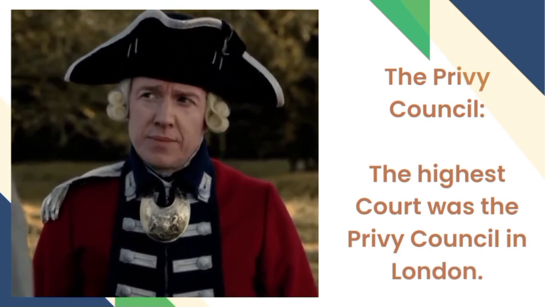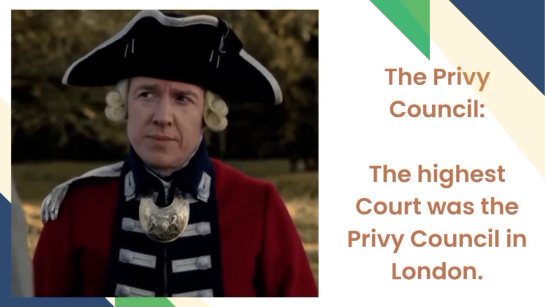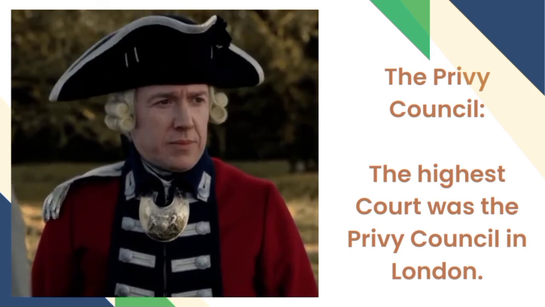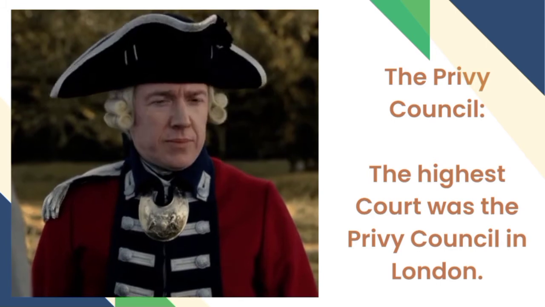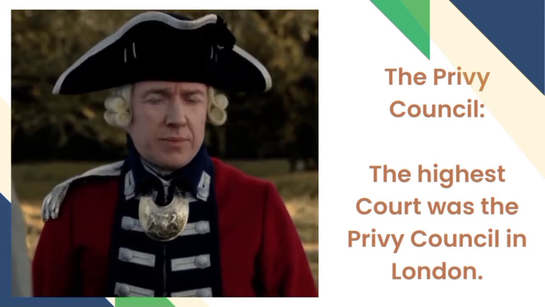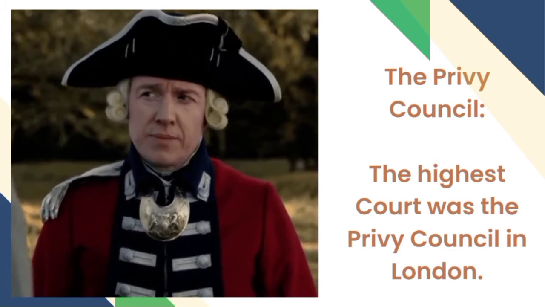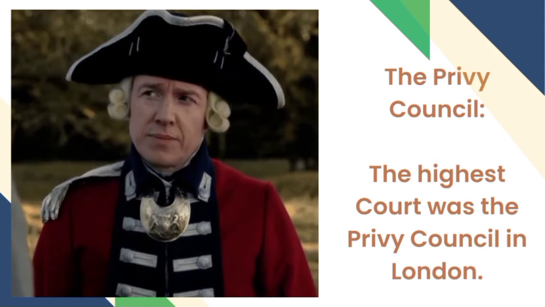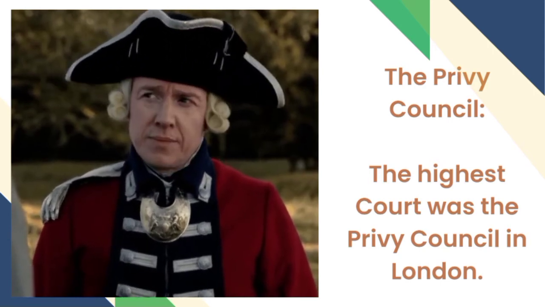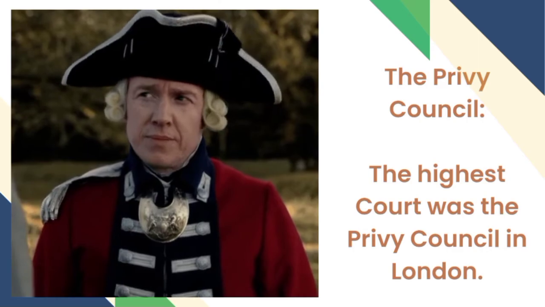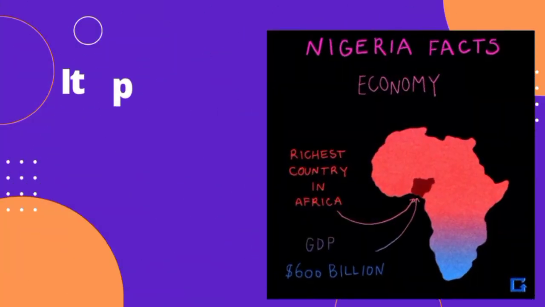Another feature was the British Privy Council. The Privy Council was the highest court, and this Privy Council was in London. So it means that the Supreme Court was not the highest court in Nigeria.